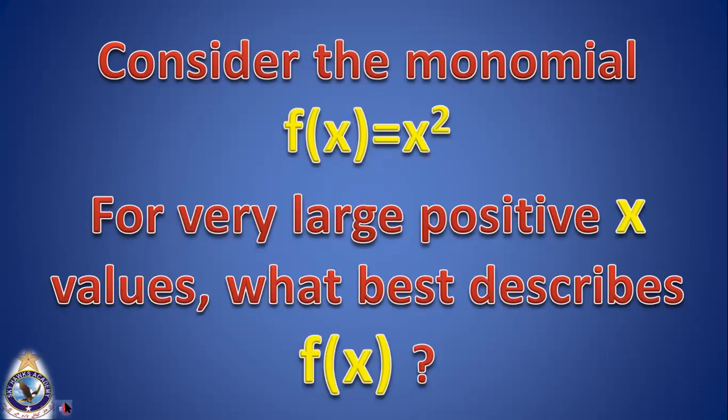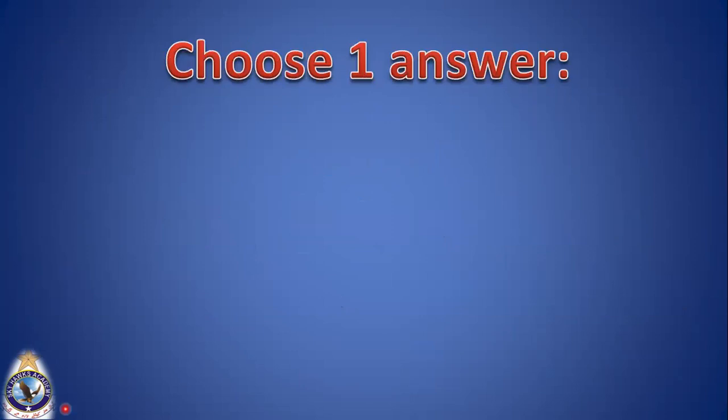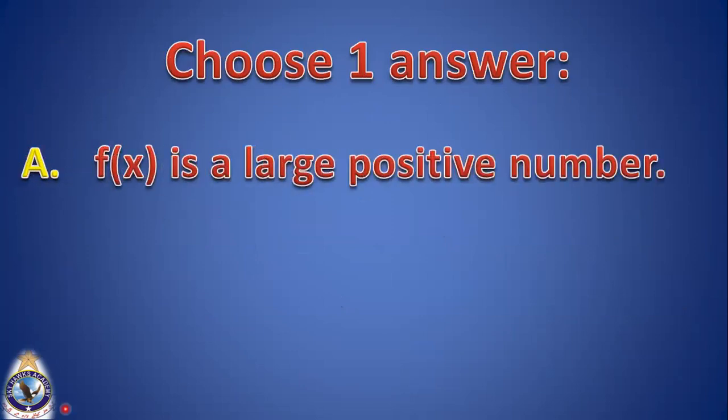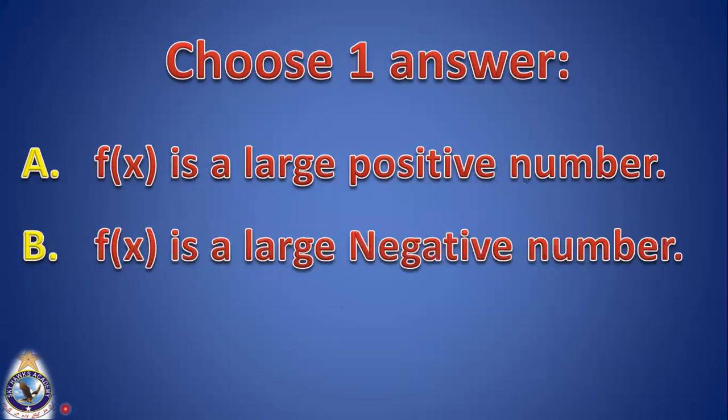Now we are going to solve this. You can choose one answer. Which one? Is f(x) a large positive number, or is f(x) a large negative number? Out of these A and B, what is your answer?